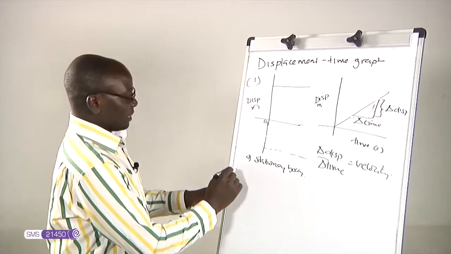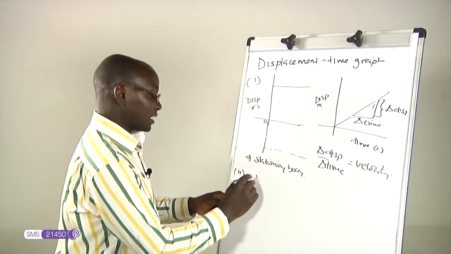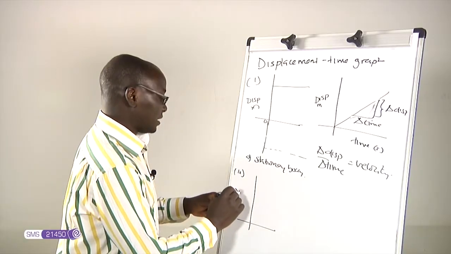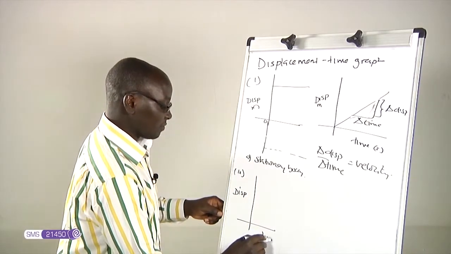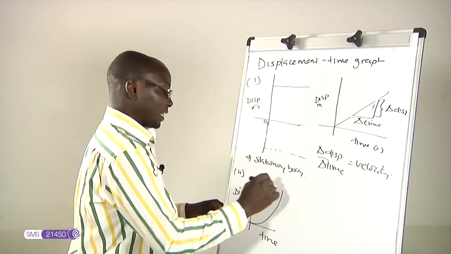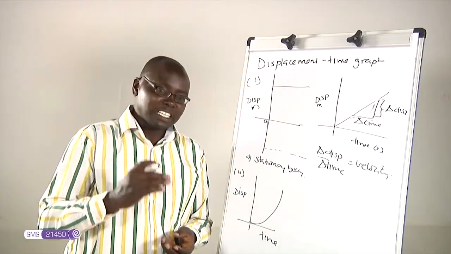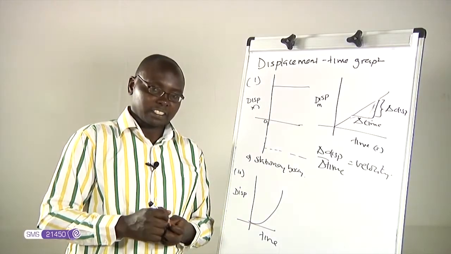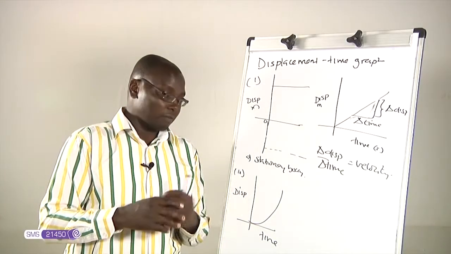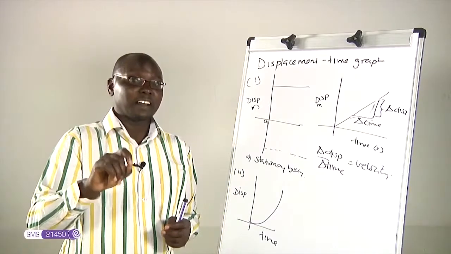The other one, number 3, maybe it can be like this. We have the displacement, then here we have time, and then it is like that. So again, for the displacement time graph, the gradient, that's the steepness of any line or the curve, would give us the velocity.